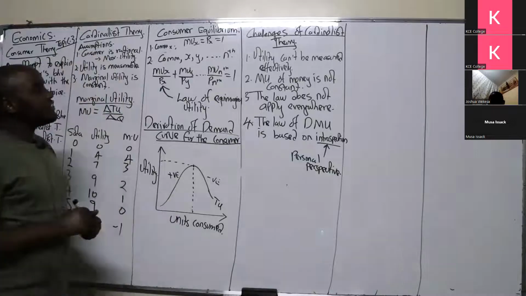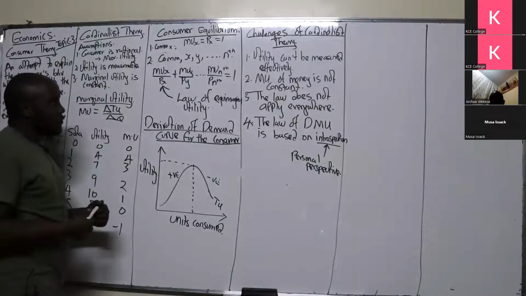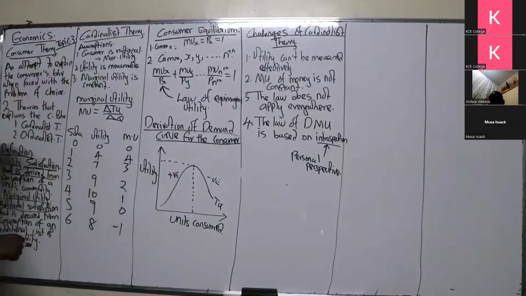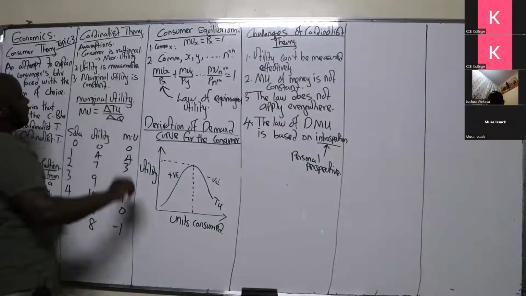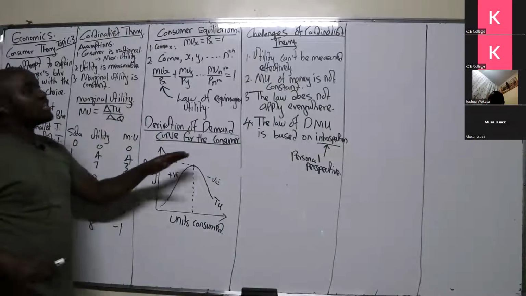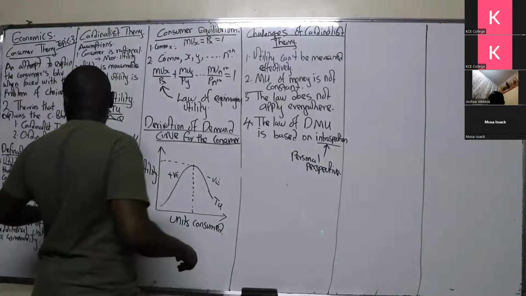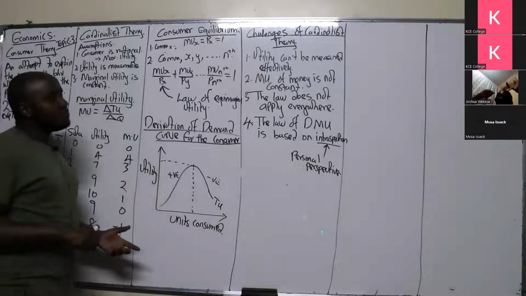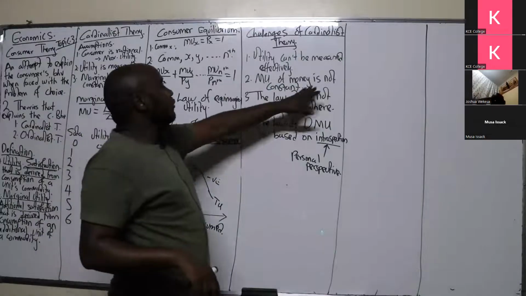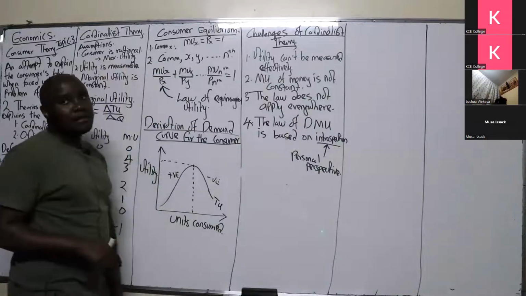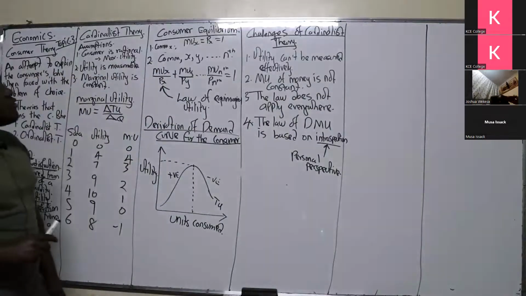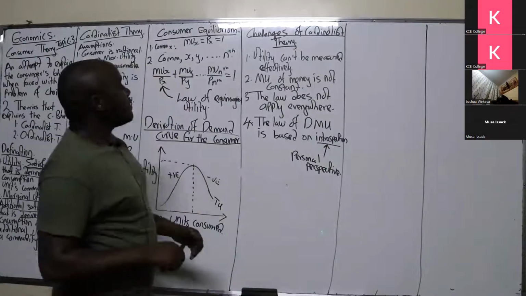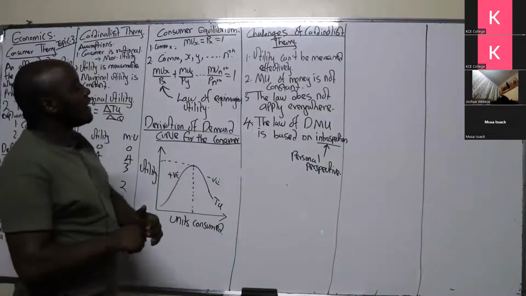These are the challenges of the Cardinalist theory, where we assume that the consumer is rational. Utility cannot be measured; satisfaction from a given commodity cannot really be measured. The marginal utility of money is not constant. The rule does not apply everywhere.